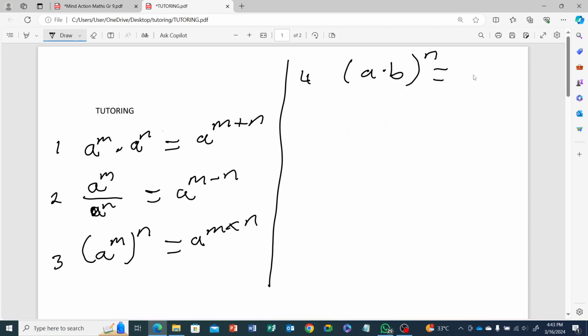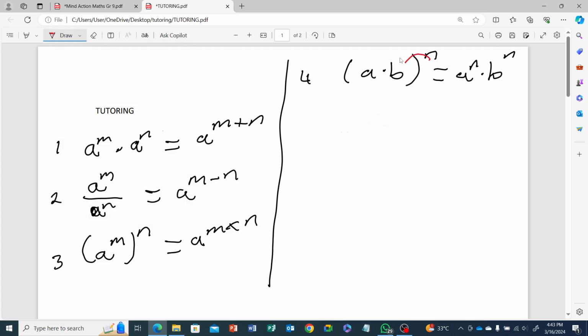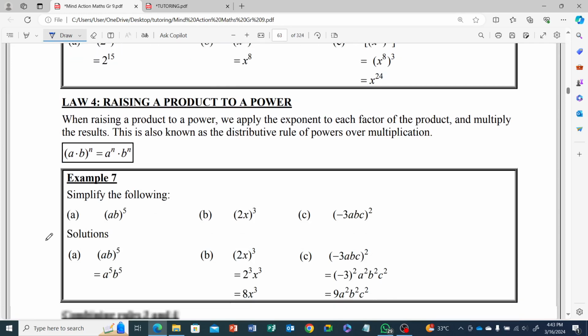It simply means you can say a to the n times b to the n. So what we use here, we call a distributive law. You distribute n to b, you also distribute it to a. That is law 4.